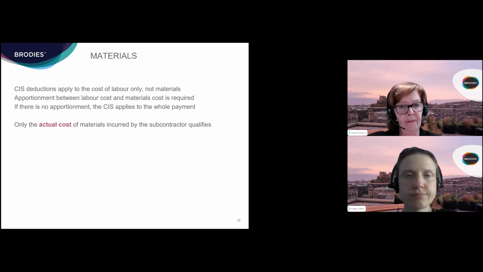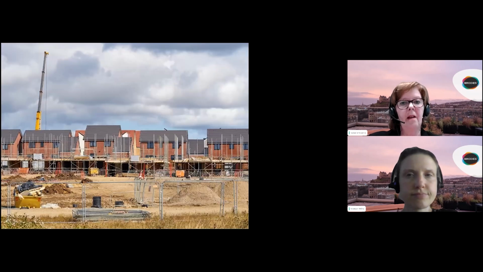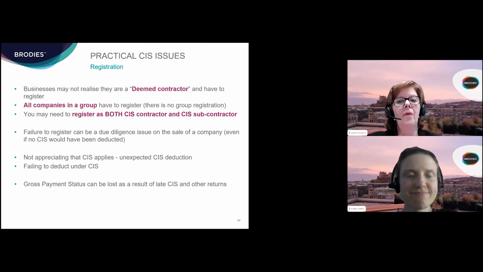Okay, moving on. And again, the practical CIS issues that Kirsty's already alluded to: people don't necessarily realize that they are a deemed contractor and have to register. A lot of property developers think, well, it's a CIS, it's nothing to do with me. I'm a property developer, I'm not a construction company.